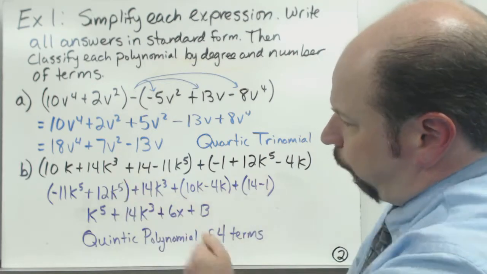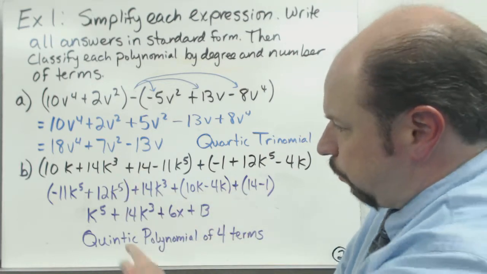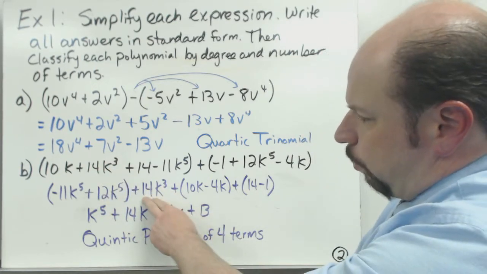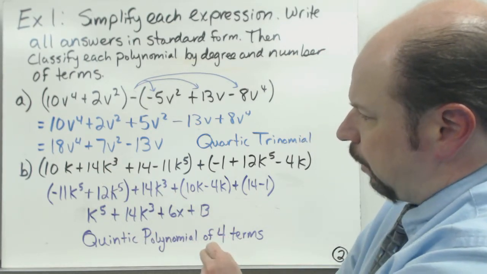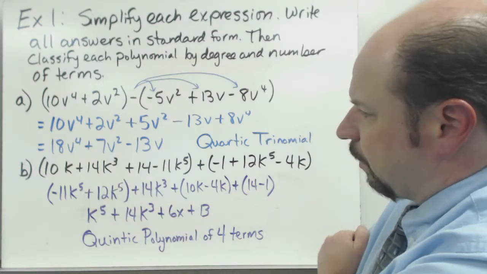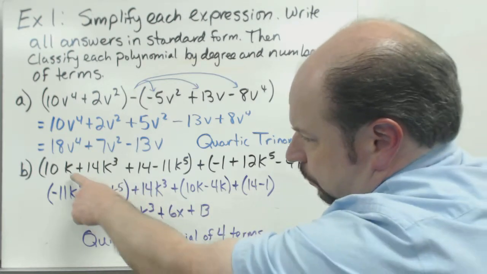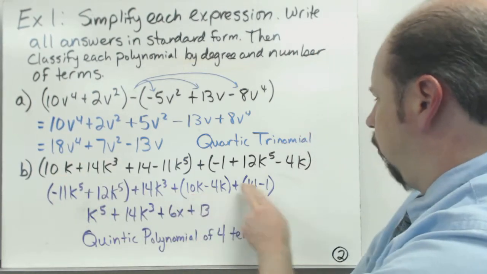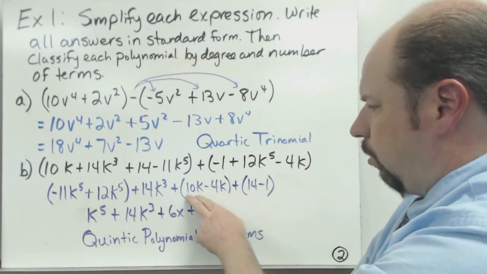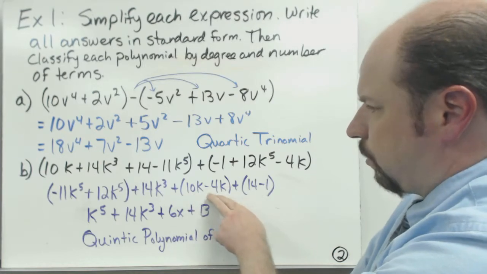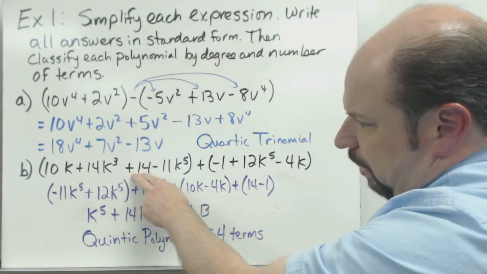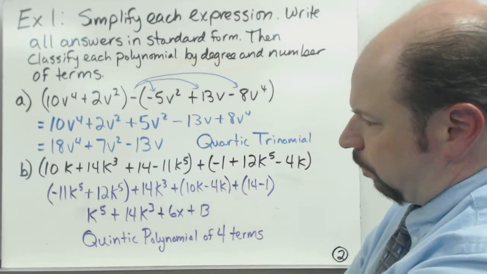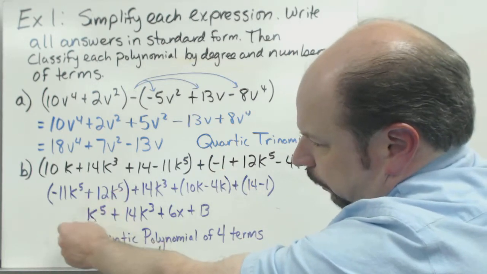okay, the next one down, there's no power of 4 in any of them, so we look here. This one has a power of 3, and it's the only one, so plus 14k cubed. And then, once again, no second degree here, but there is one with a first degree, so 10k here and minus 4k here. We're going to combine those. And then for the constants, we have plus 14 and minus 1, so 14 minus 1 here. Now it's just a matter of combining like terms.